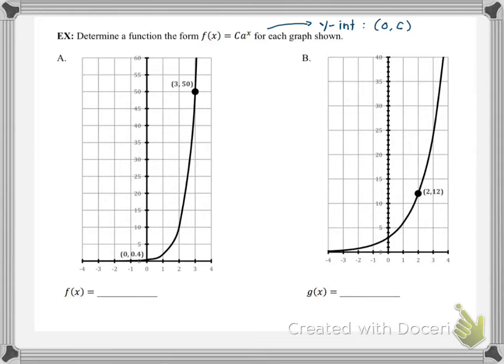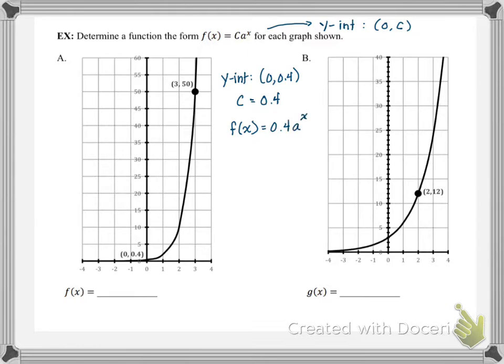So if I'm given the y-intercept of an exponential function, that tells me that C is equal to 0.4, which gets me halfway to my function. In order to write a function, I need two constants, a number for C and a number for A. So that tells me that f of x is equal to 0.4 times a to the x.